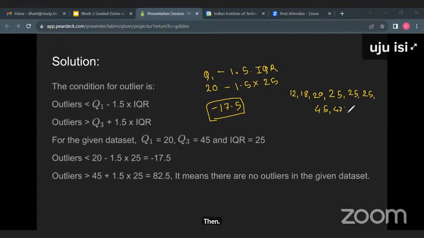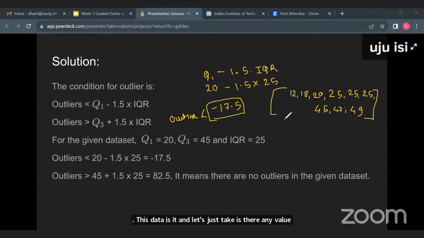So your outlier will always be less than this value, negative 17.5. Just check your data set: is there any value which is less than negative 17.5? So no.